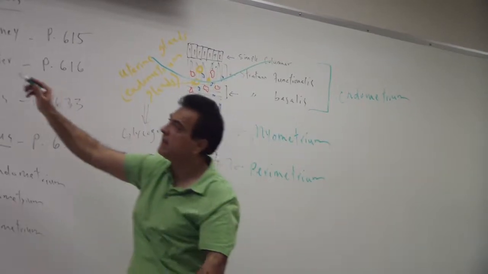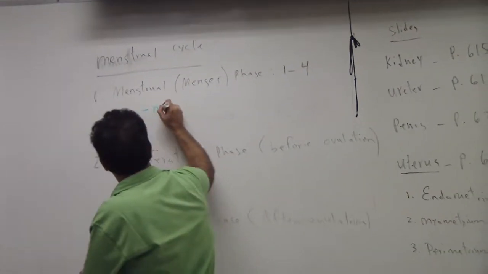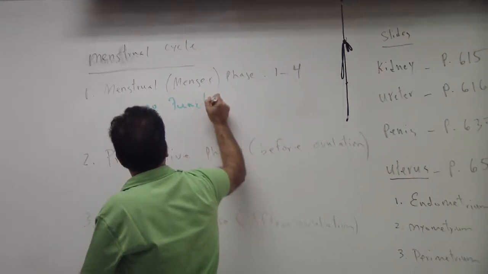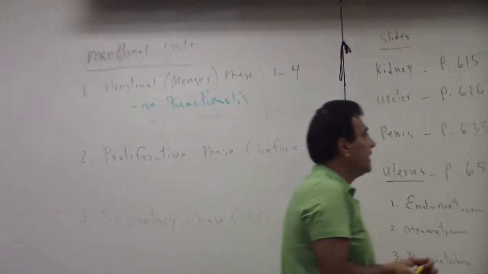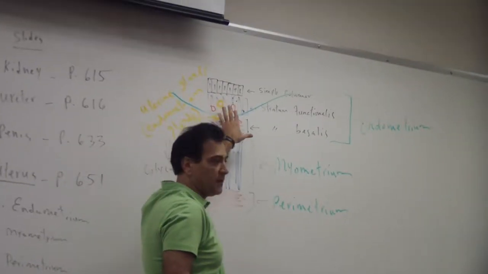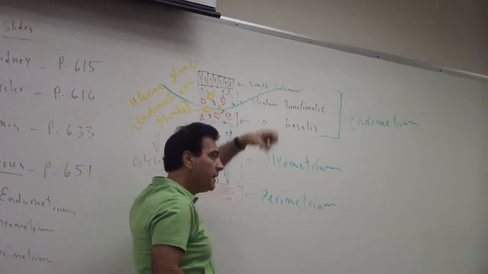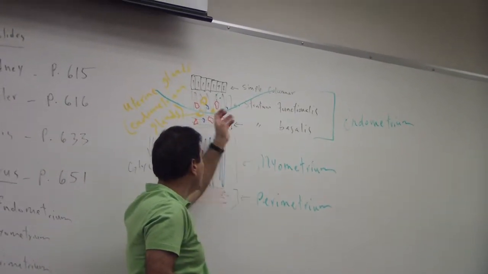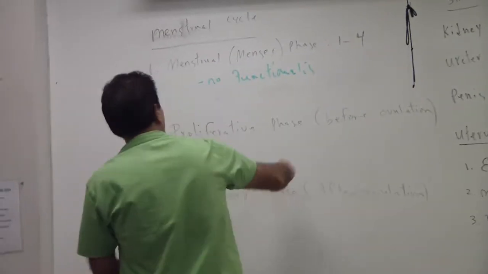So during the menses phase, what we're going to see is that there is no what? No functionalis, because these blood vessels get vasoconstricted, and the functionalis sloughs off or is removed.